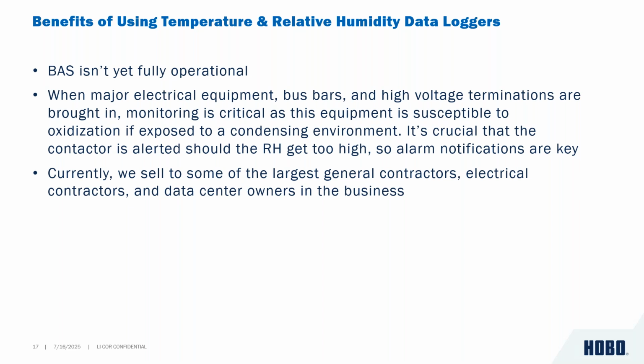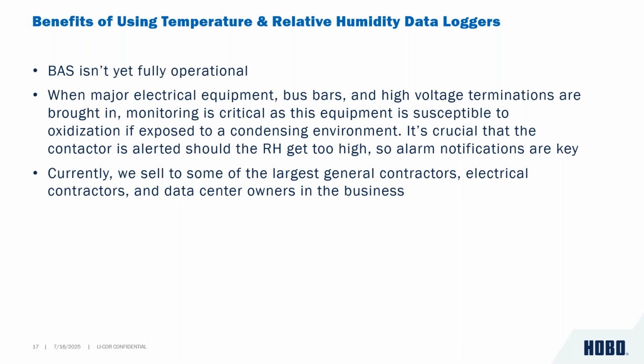More importantly, when major electrical equipment, you know, high voltage terminations, bus bars, are brought in, monitoring is critical for this equipment, as it is susceptible to oxidation if it is exposed to a condensing environment or high relative humidity.